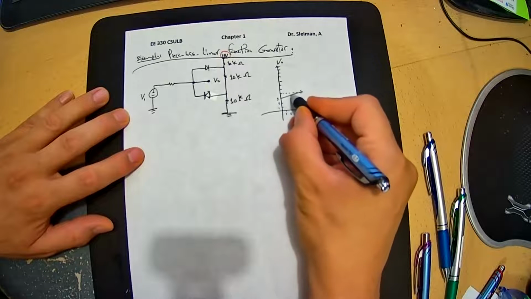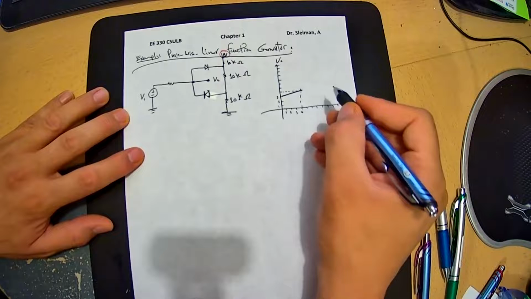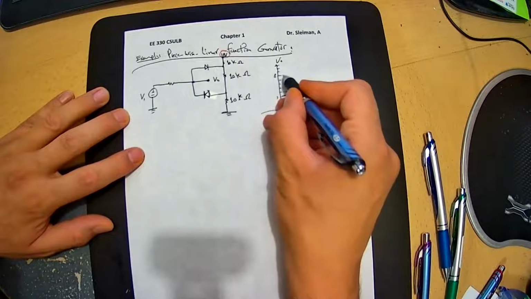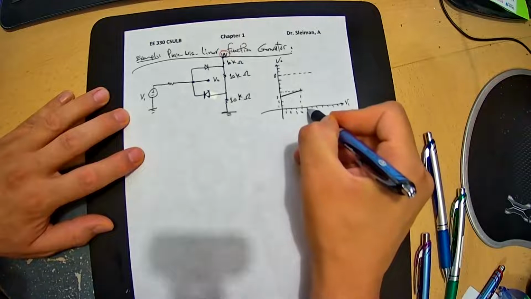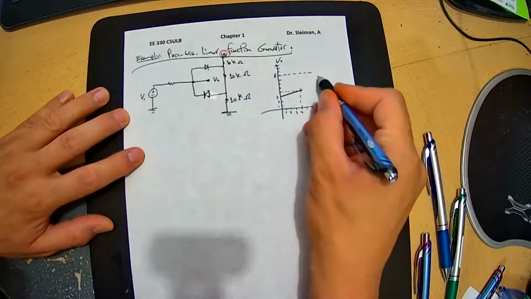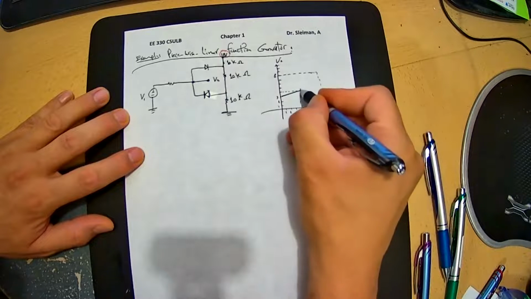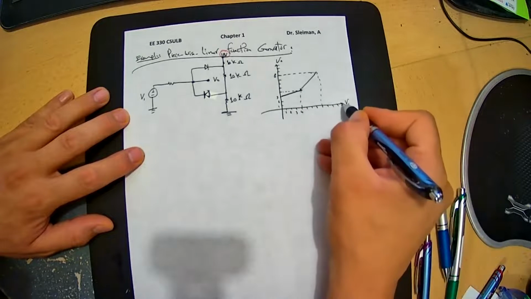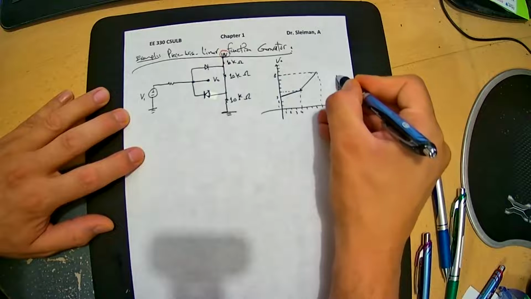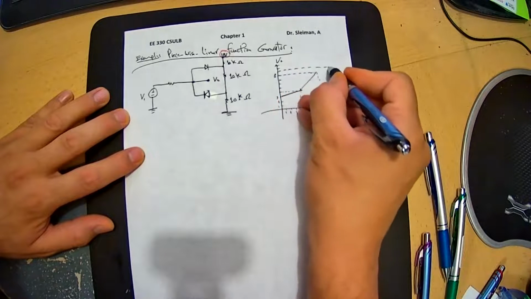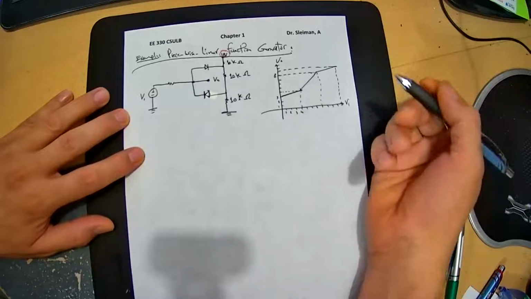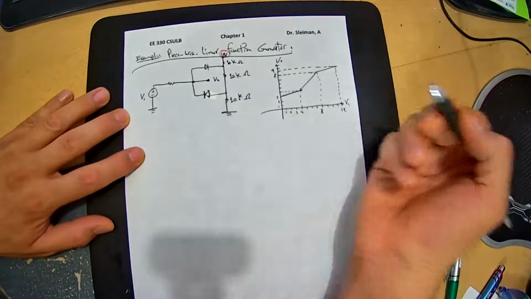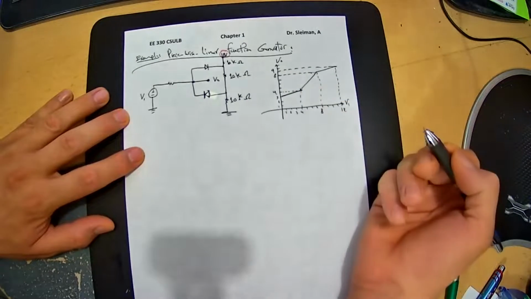With the signal going like this, and then 8 to 8, and then 9 to 12. This is 12, and this is 9. 12, 8, 8 to 9. 3, 4, 4.